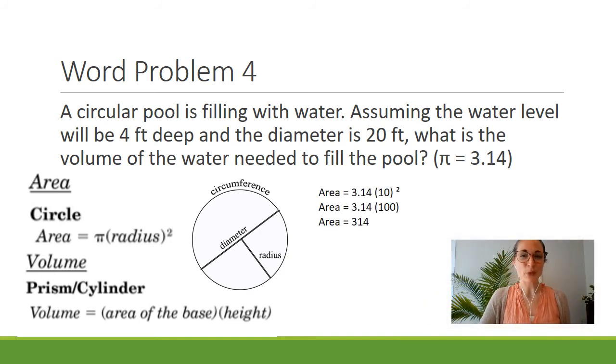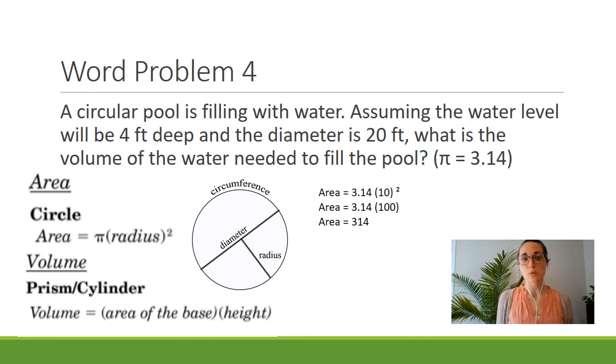The reason we need both formulas is because to solve for volume, you need to multiply the area of the base times the height. And we don't yet have the area of the base. So we need to first solve for that area, which is a circle. The bottom of the swimming pool or the top of the swimming pool would be a circle shape. So we need to do pi times radius squared.